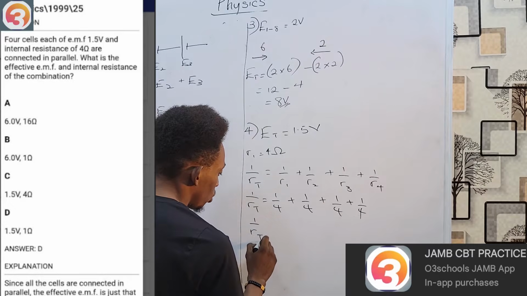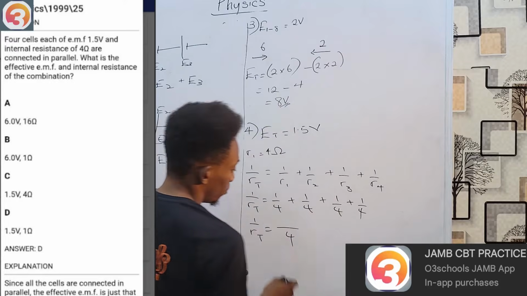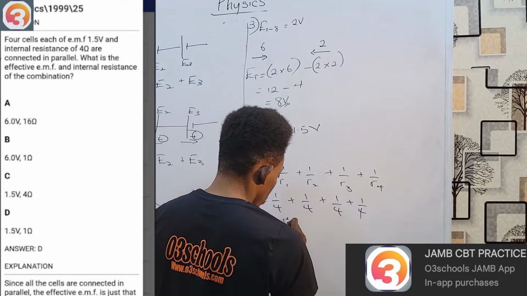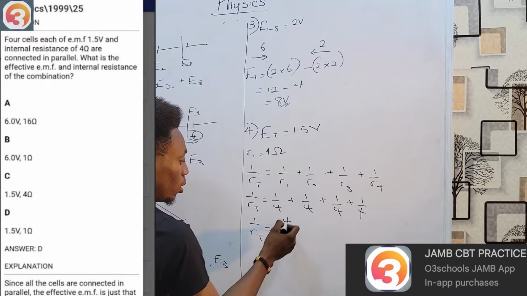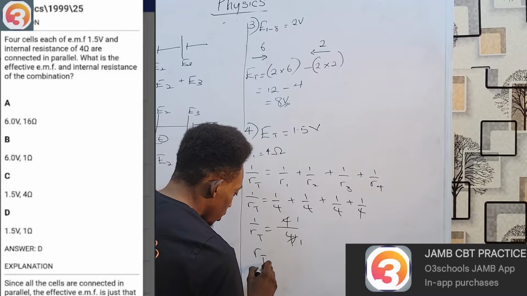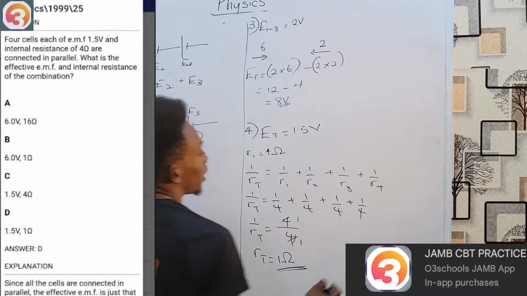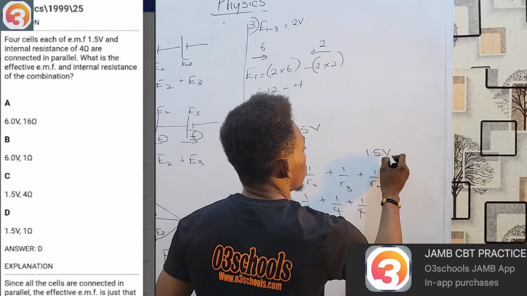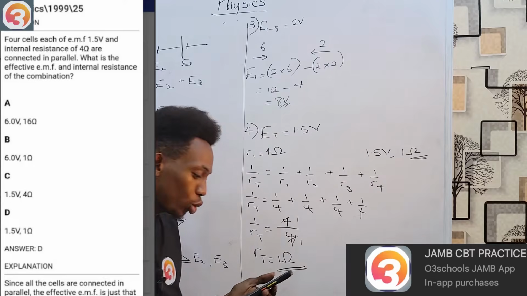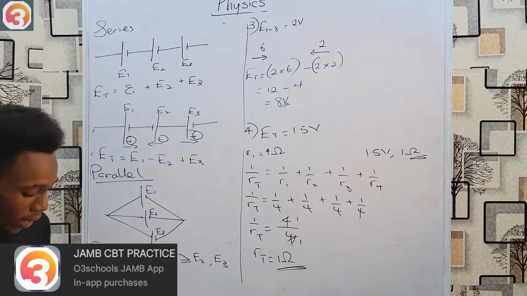Denominators are all the same, so you pick 4 and add 1 plus 1 plus 1 plus 1, that's 4. 4 cancels 4, that's 1 over 1. That means RT equals 1 ohm. So you see, my answer becomes 1.5 volts, 1 ohm. And that is option D. See, so our steps are quite simple.